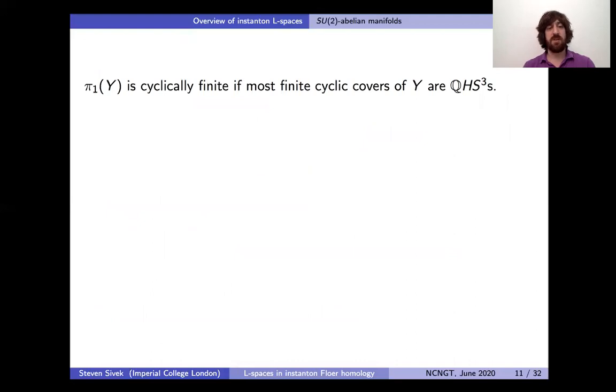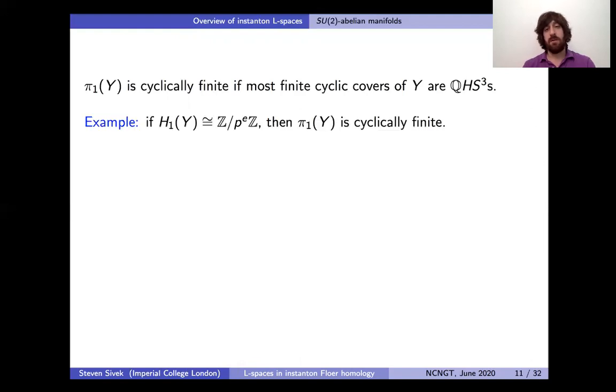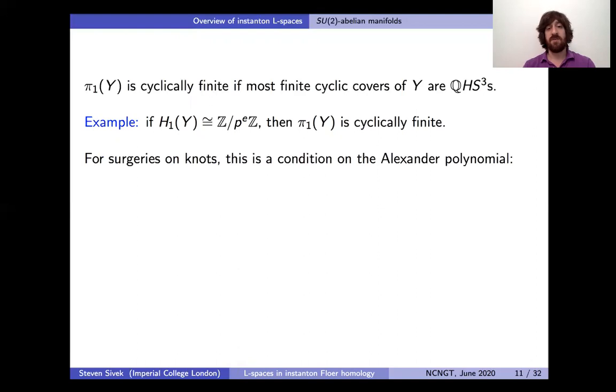So what does this cyclically finite condition mean? Well, what it means is that all of the finite cyclic covers of Y, other than the ones of maximal even order, have to be rational homology spheres. And there are cases where this holds automatically. For example, if the first homology is cyclic with order of prime power, then it's automatic. For surgeries on knots, we can actually understand this completely in terms of the Alexander polynomial.